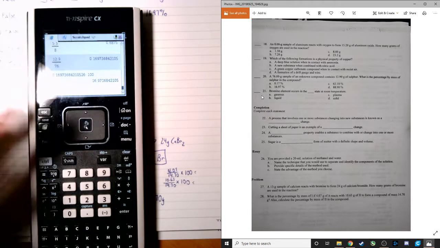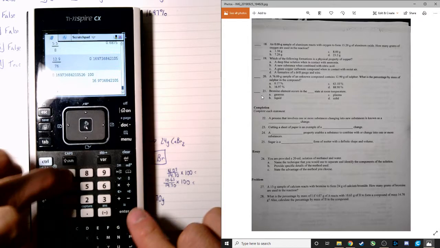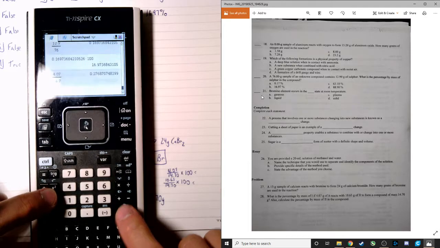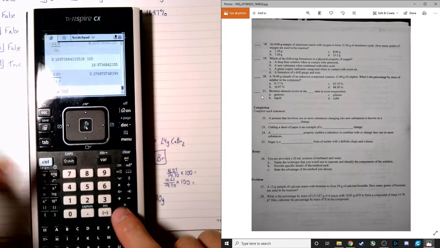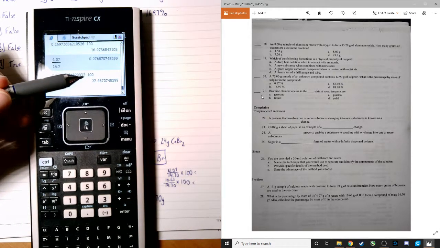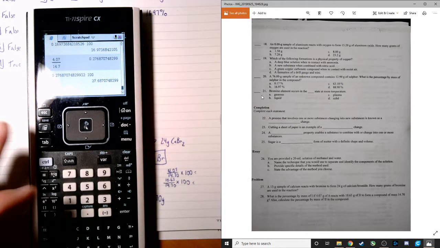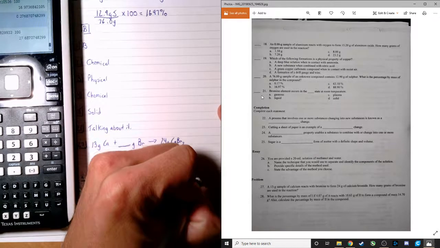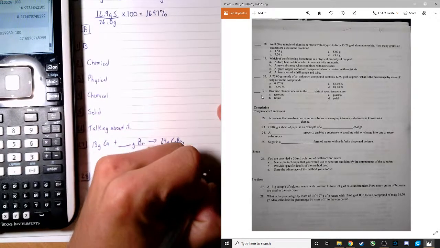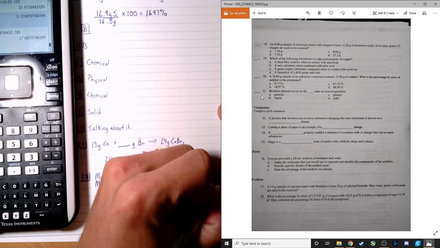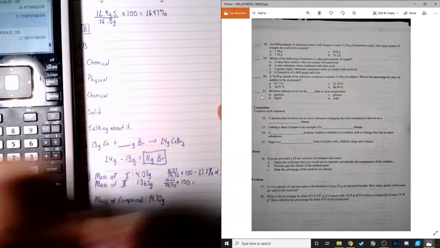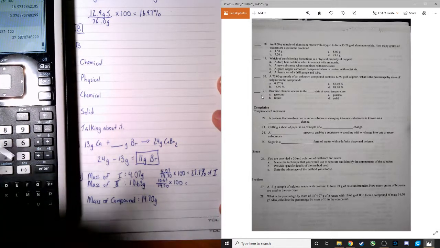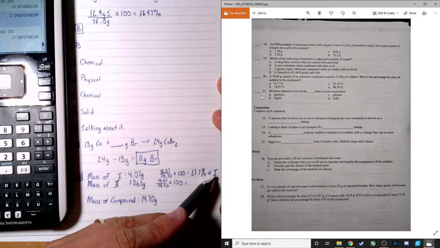All right. 4.07 divided by 14.7, then when we times it by 100, this gets us an answer of 27.7, which is 27.7% of element 1 in this compound.